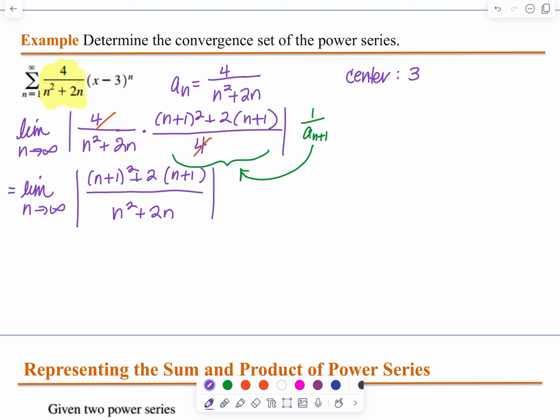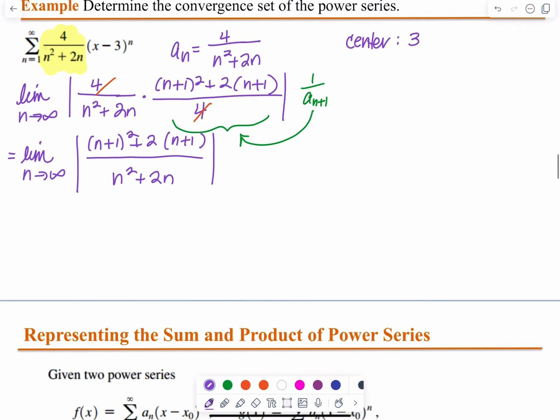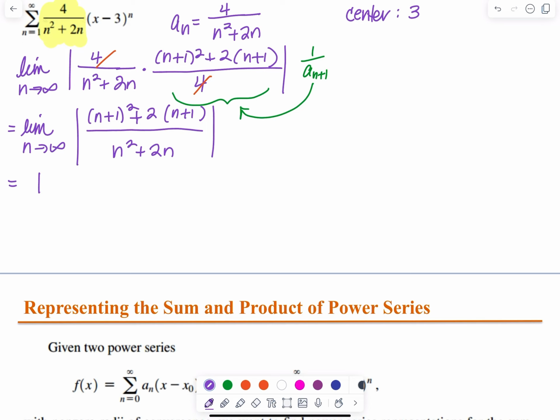And as you can see, we're going to end up with the highest power in the numerator as n squared, the highest power in the denominator as n squared. So this limit is actually equal to 1, and that is equal to L. So our radius of convergence is equal to rho, and that's equal to 1.